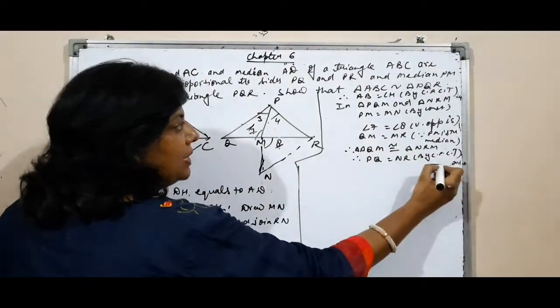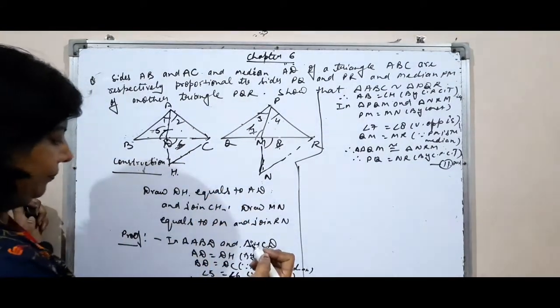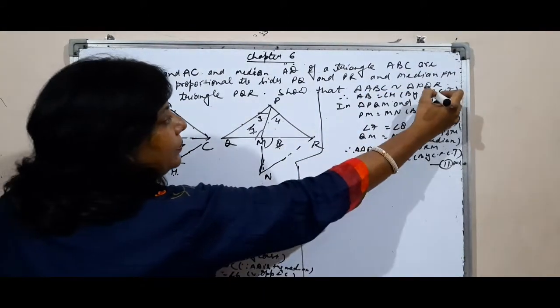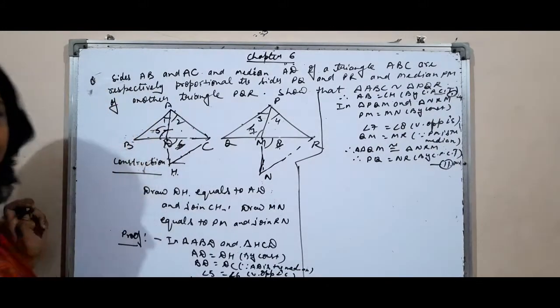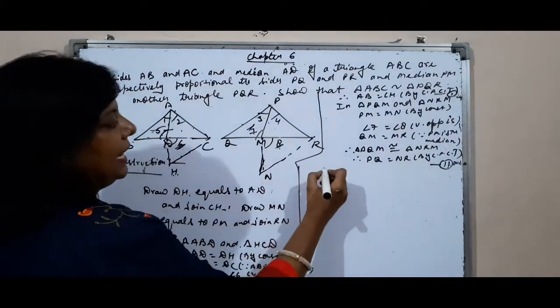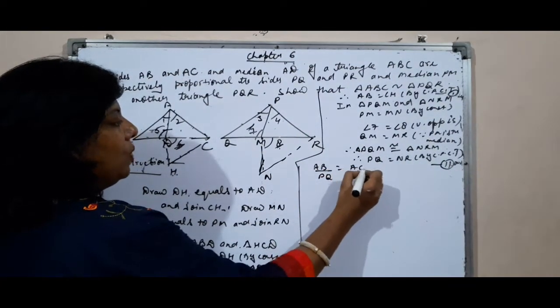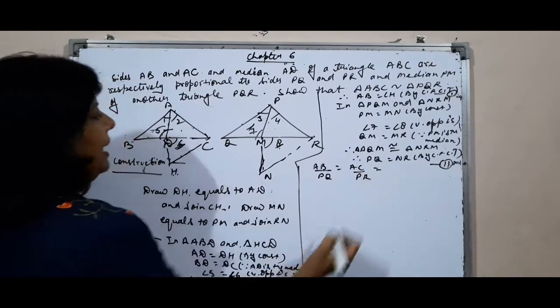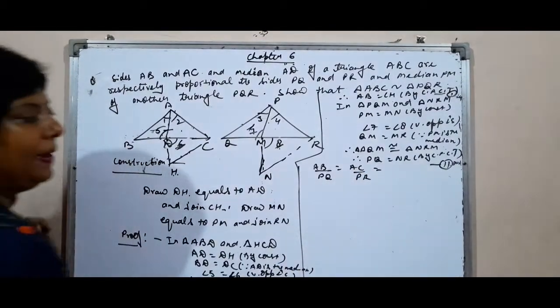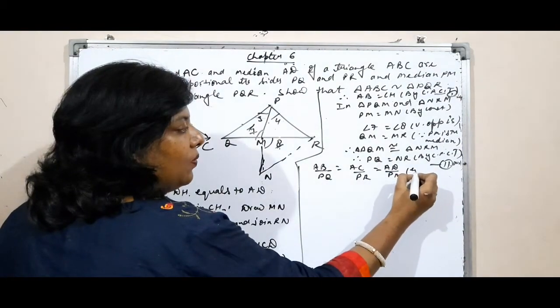Suppose it is your equation 2 and it was your equation 1. It is given to us AB upon PQ equals to AC upon PR equals to AD upon PM. It is given in our question.